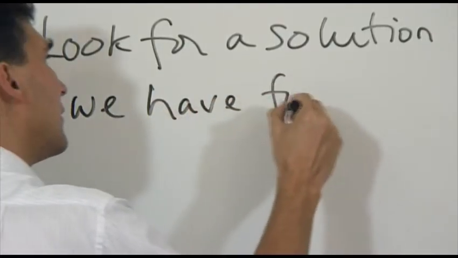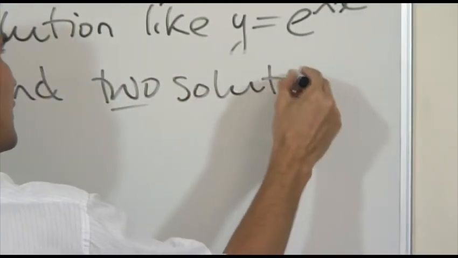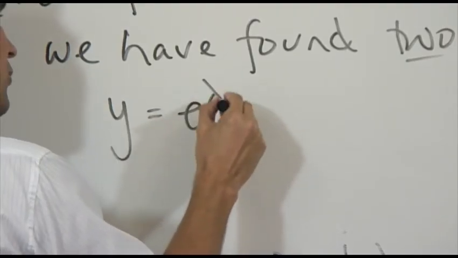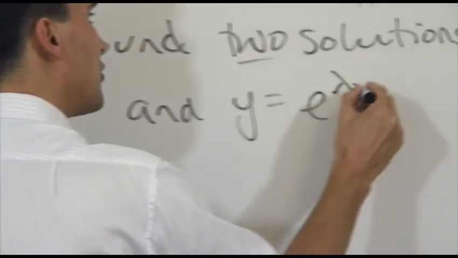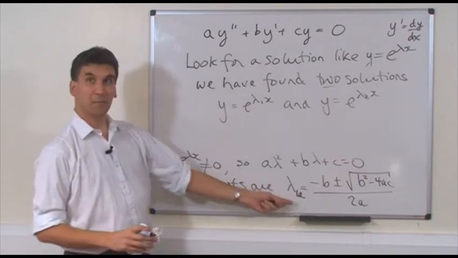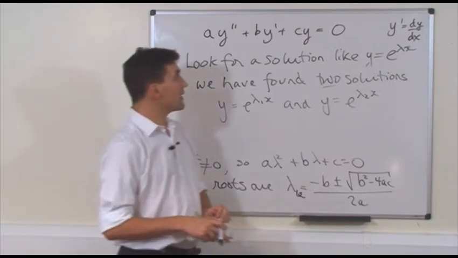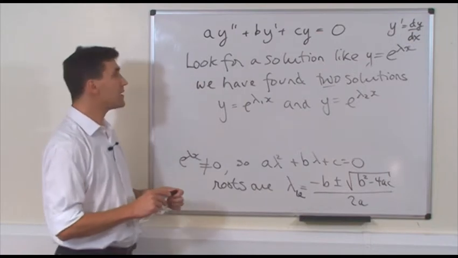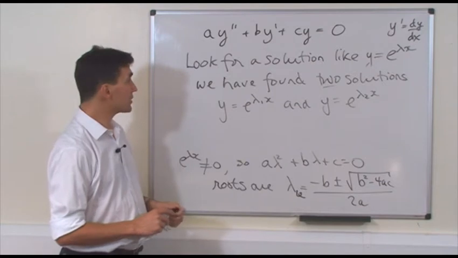So we've found two solutions. y is e to the lambda 1 x, and y is e to the lambda 2 x are both solutions of that equation, provided lambda 1 and lambda 2 are these two numbers. Now, one of the great things about linear equations is if you have a solution, then you can multiply that solution by any number you like, and it will still be a solution.